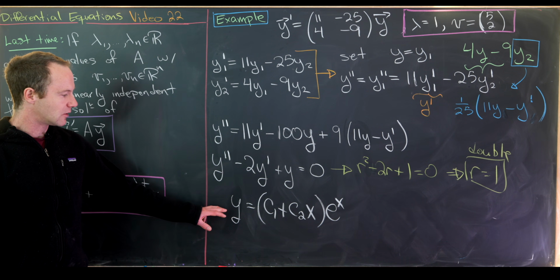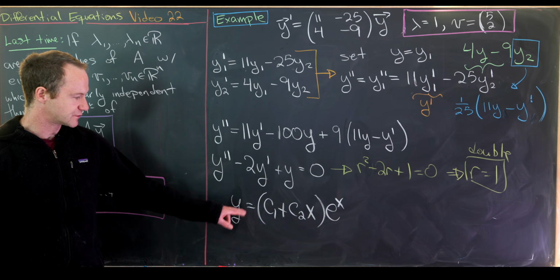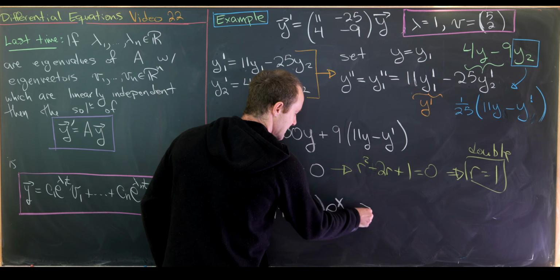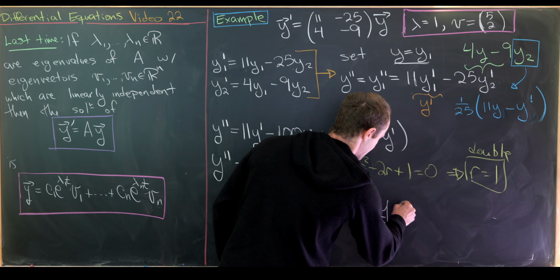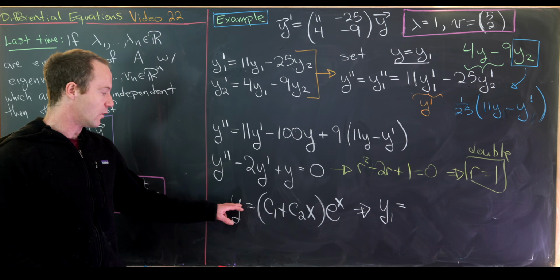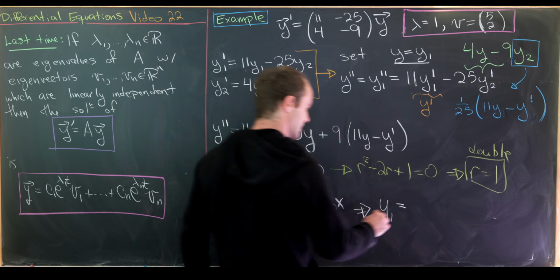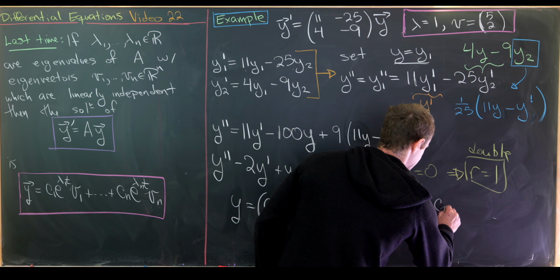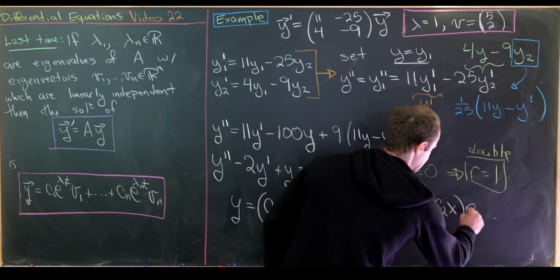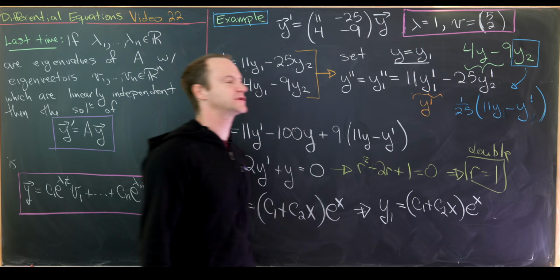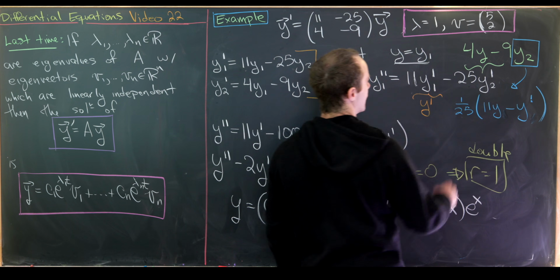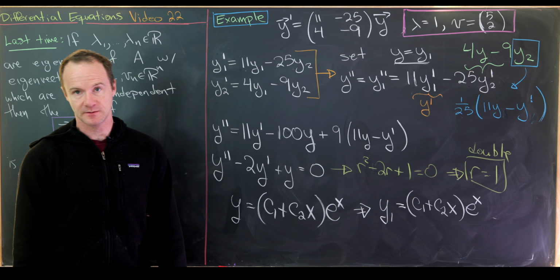Okay, but now let's recall that y was really equal to y1 based off of this up here. So that means that we have a solution for y1. y1 is equal to this object right here. So that'll be c1 plus c2 times x times e to the x. But now looking ahead, we'll also want y2, which has this 1 over 25 built in.